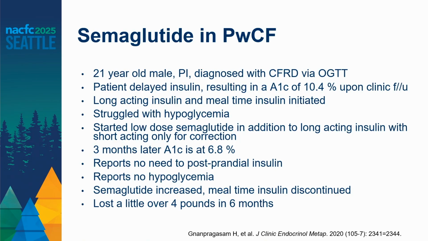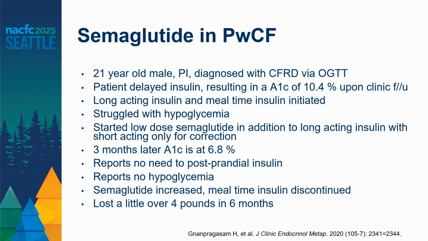So semaglutide in people with CF: there was a 21-year-old male who was diagnosed, had an A1C of 10.4 upon clinic visit, and according to this case report, they started a GLP-1 medication in him, and after 3 months, his A1C went down to 6.8, and he didn't need postprandial insulin anymore. This is telling, right?